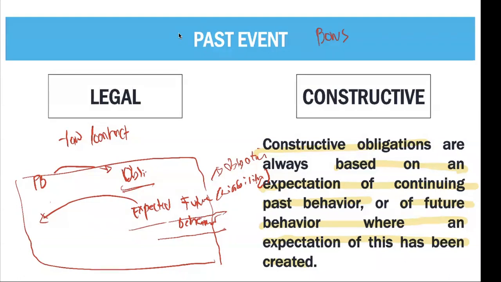So, of course, because of that continuing past behavior of always giving a bonus, what is created? Of course, the employees will now expect that the employer will give again bonus. So there is now an obligation or an expected future behavior. What is that? Again, that the employer will give bonus on December. That is a constructive obligation.